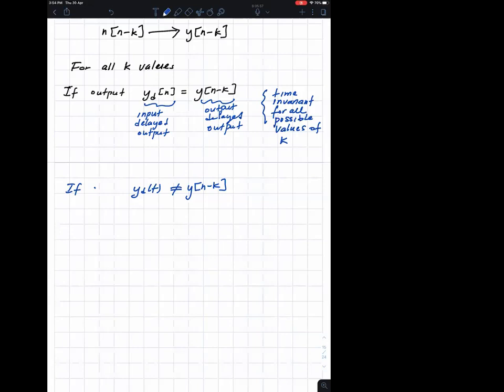In this case, it's not time invariant, even for one value of k. Not time invariant.